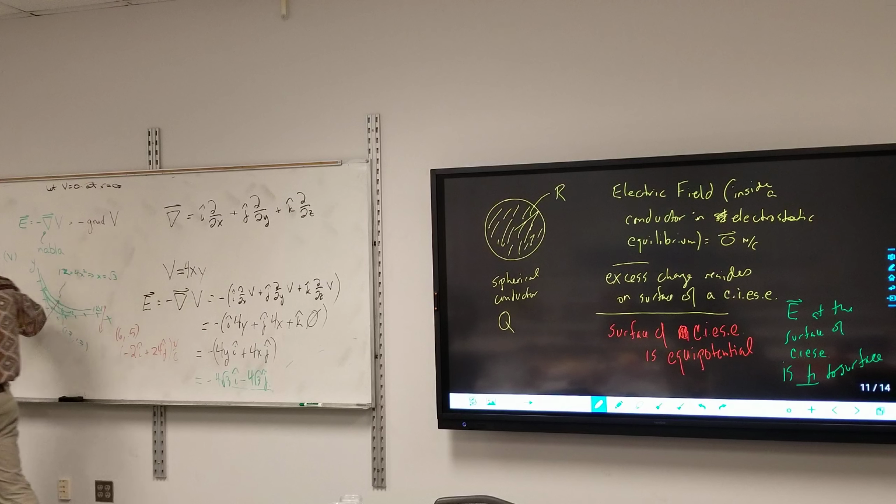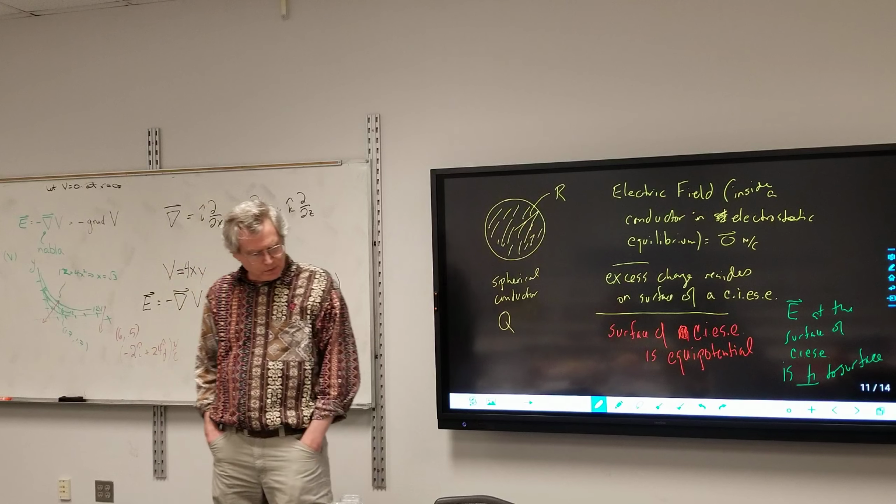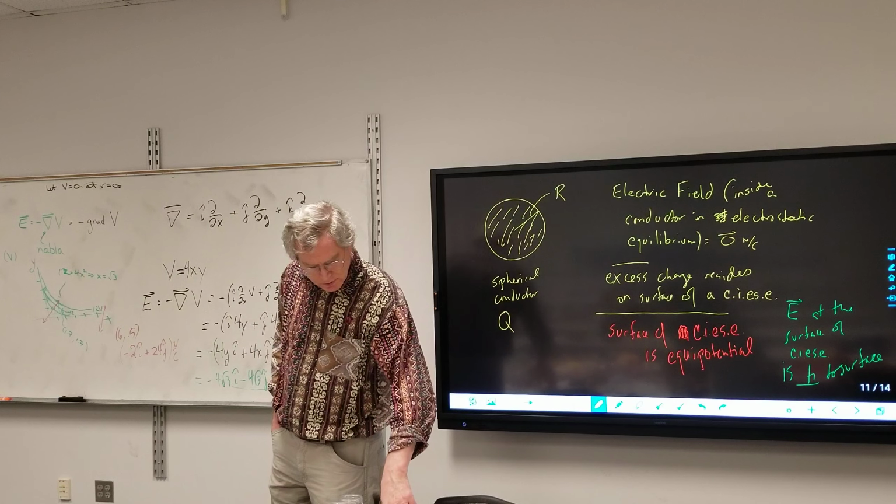And that's, well, it all ties together. But the gradient creates a vector perpendicular to the function, the slope.